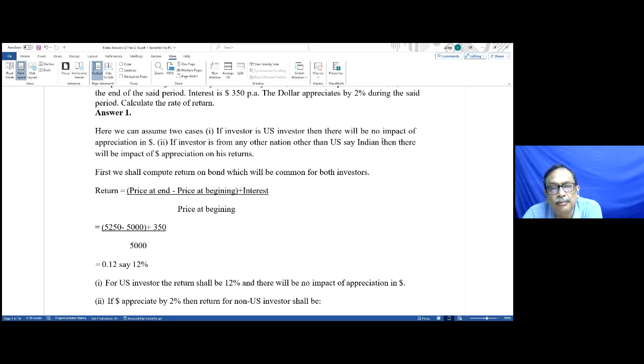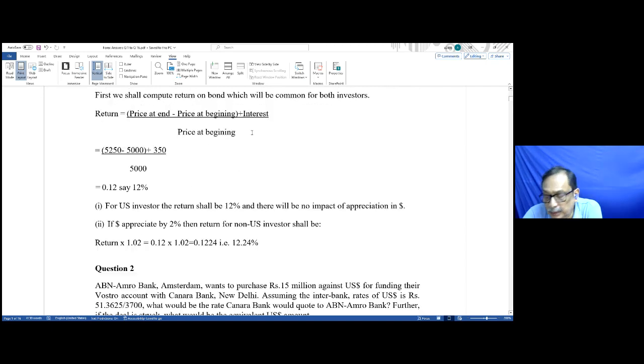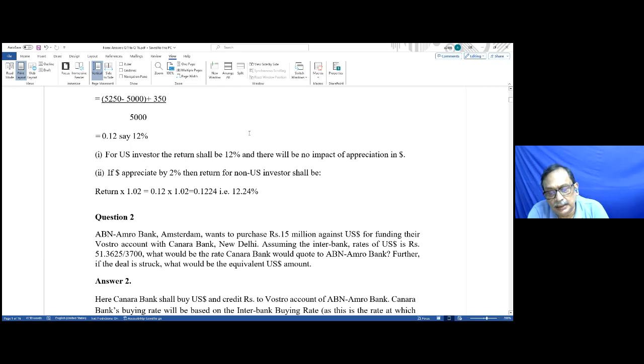But if the investor is from any nation other than the US, say Indian, then there will be an impact of dollar appreciation on his return, as we have witnessed from the solution. If the dollar appreciates by 2%, then the return for a non-US investor shall be the return into 1.02, that is 0.12 into 1.02, which comes to 12.24%.